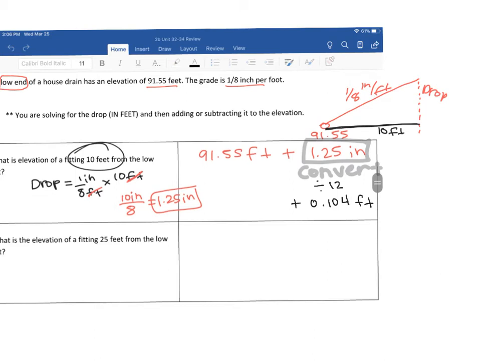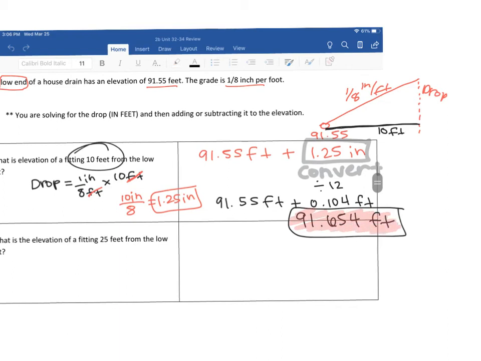So what I'm really doing is adding 91.55 feet to 0.104 feet. 91.55 plus 0.104. And so my answer is 91.654 feet.